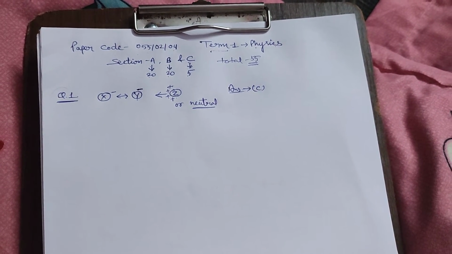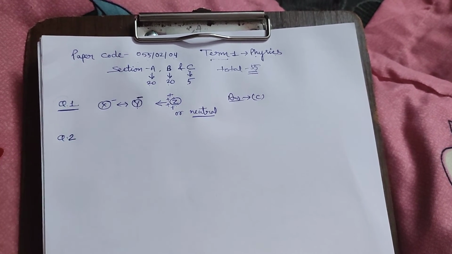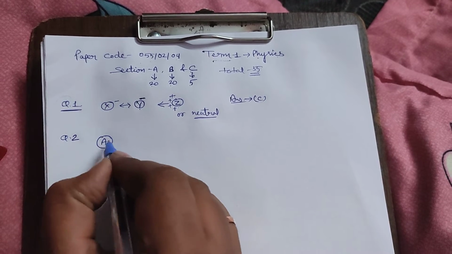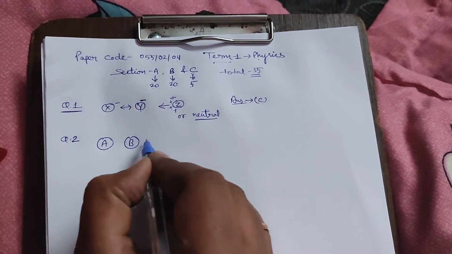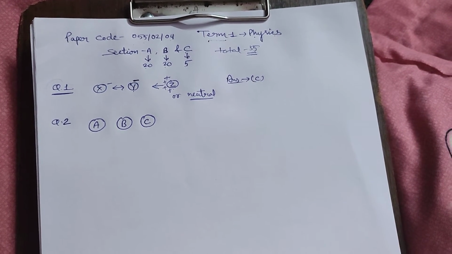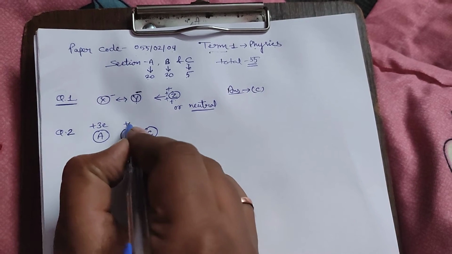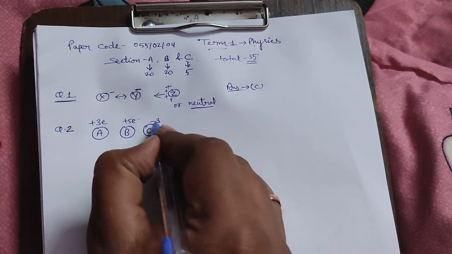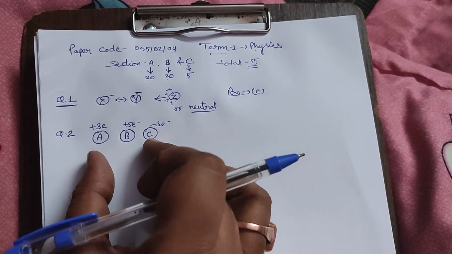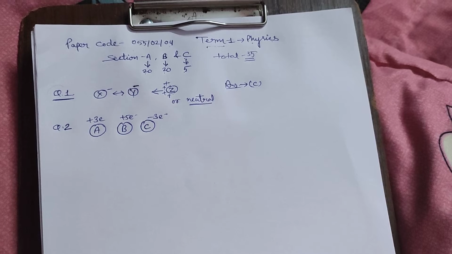Okay. Now in question number 2, there are 3 latex spheres. Let's assume the spheres are A, B and C, and the charge on each sphere is plus 3 electron, 5 electron and 3 electron. The spheres are in contact simultaneously and then separated.